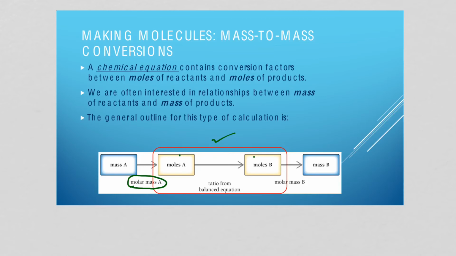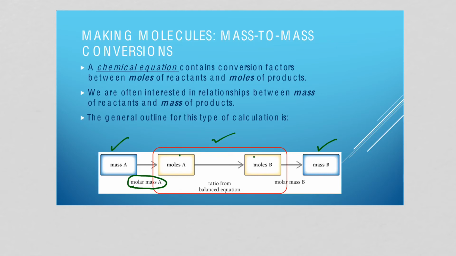So we're going to combine this use of mole ratios with our use of molar mass that we learned about back in chapter 6 to be able to start with the mass of some material and convert it into the mass of some other material. So if we're told that we start with this many grams of A and we want to know how many grams of B I can make, we can go through this process.